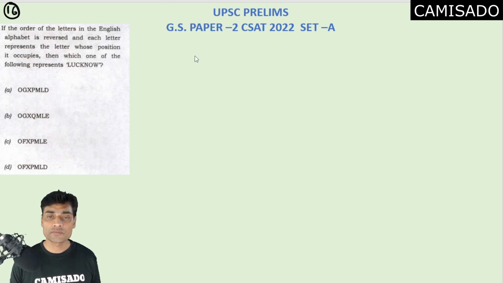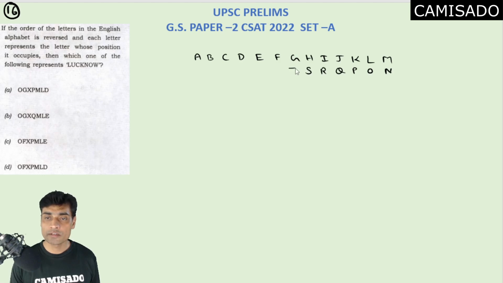So I am writing the alphabets here: A, B, C, D, E, F, G, H, I, J, K, L, M. So 1, 2, 3, 4, 5, 6, 7, 8, 9, 10, 11, 12, 13, because we have 26 alphabets overall. So we'll reverse from here, then in the reverse order we'll write from here only: N, O, P, Q, R, S, T, U, V, W, X, Y and Z.